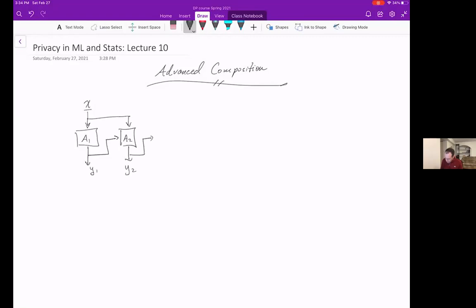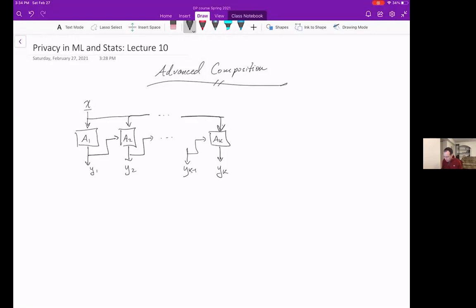So based on Y1 and Y2, we choose A3, and based on Y1, Y2, Y3, we choose A4, and so on. And eventually, we stop. We choose a final algorithm, A sub k. It produces output Yk. So we've got, say, k minus 1 here.